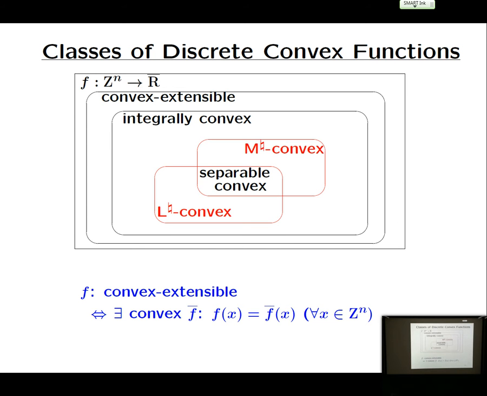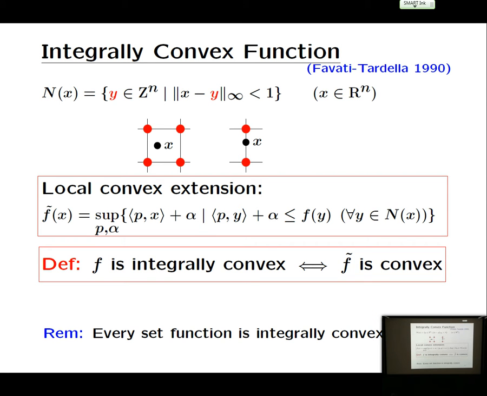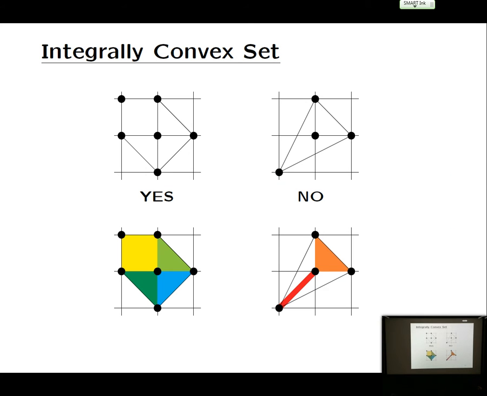Now, local convex means that in each unit hypercube, we can define a convex extension, independent of submodularity. Okay? So look at this. We have only 2 points in this square.